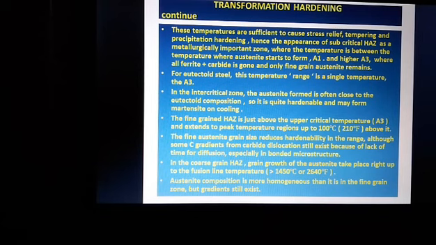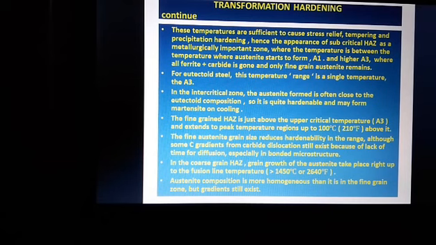Hence, the subcritical zone is a metallurgically important zone. The intercritical zone is where the temperature is between the temperature where austenite starts to form, A1, and higher, A3, where all ferrite and carbide is gone and only fine grain austenite remains.